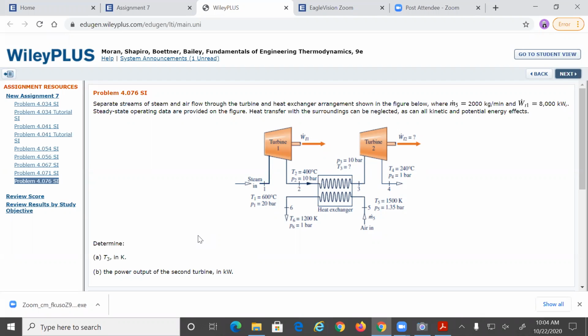Then on the lower part of the heat exchanger, you're gonna have what looks like air.